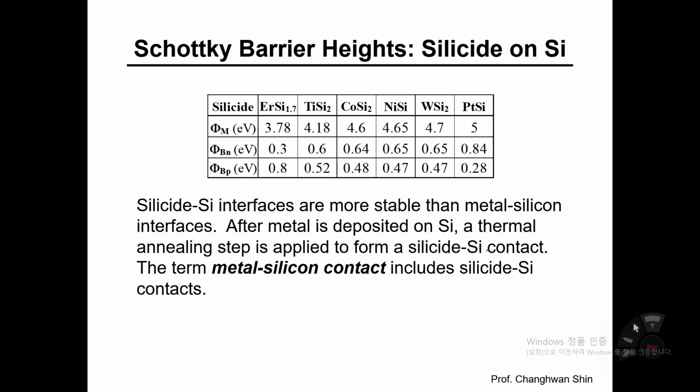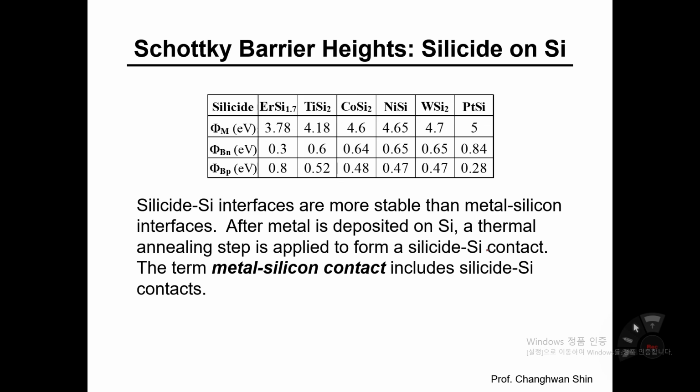So silicide on silicon. What that means is, metal itself can be physically deposited onto the silicon surface. However, if we anneal, if we heat up the wafer with the deposited metal material, then at the interface between metal and semiconductor, the silicided material can be newly created. Once the metal is physically deposited onto the silicon, the metal is still metal, no chemical reaction has happened.